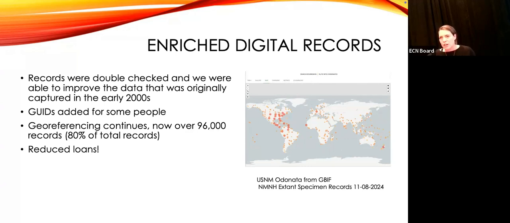Also, this has reduced loans. Since we have imaged all of our Odonata specimens, we have not had any loan requests for this collection. Now, Odonata was not a highly transacted order, so I wouldn't say that that would be the norm for any other orders that we fully digitized, but it has greatly reduced the requests.